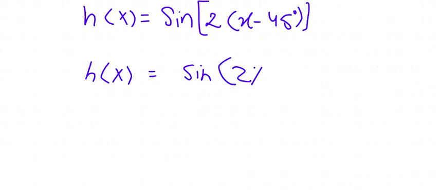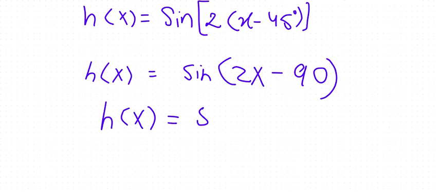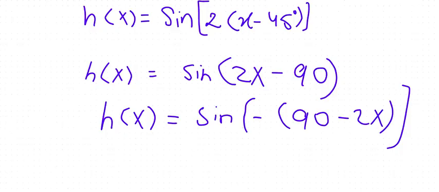Factor out the negative sign inside the sine function. We have h of x equals to sine minus into 90 minus 2x. Okay, so since sine of minus theta equals to minus sine theta, we just pull this minus outside.